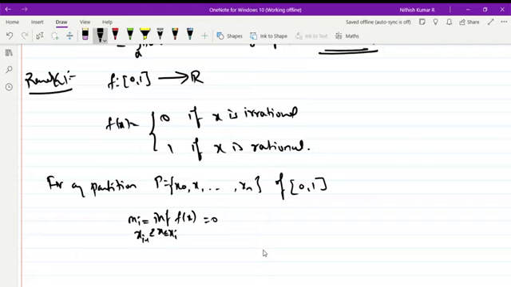Now if you take any smaller interval, there are rationals and irrationals. So what is the infimum of those function values in any small interval?